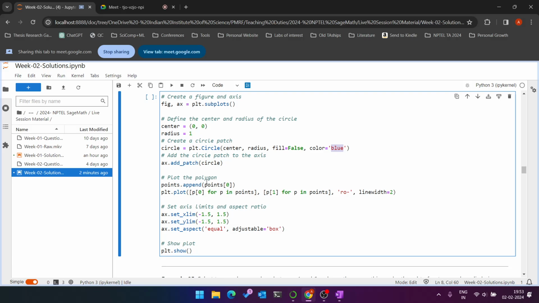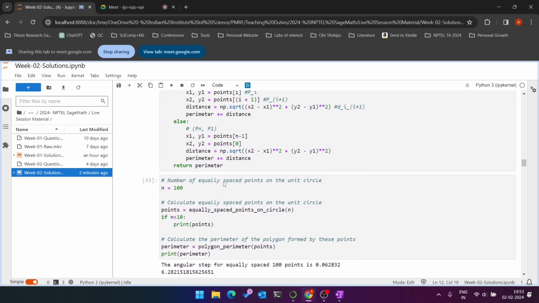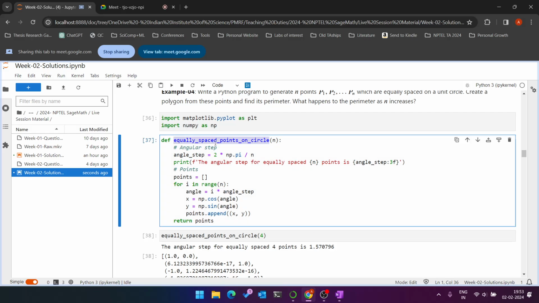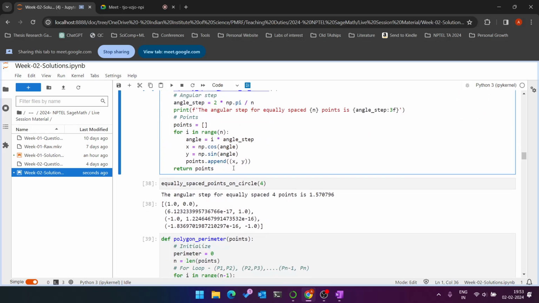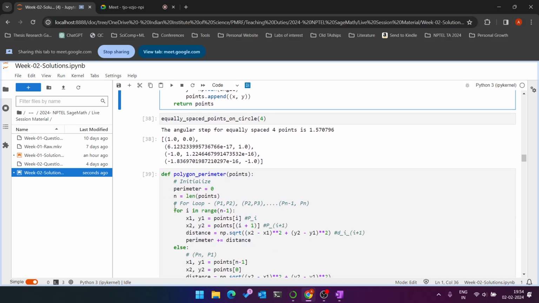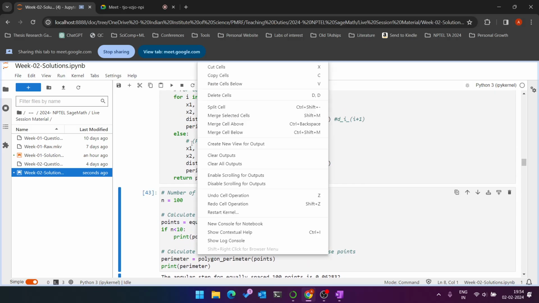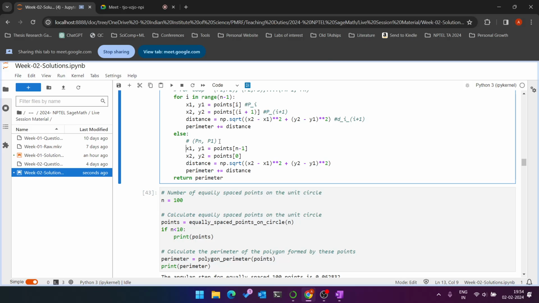Next, in the same plot itself, we'll be adding a polygon. But before we do so, it's important to remember that our points function, equally spaced points on a circle, gives us a list of points which starts from the first point P1, P2, P3 all the way till Pn. However, it misses out this last remaining segment.